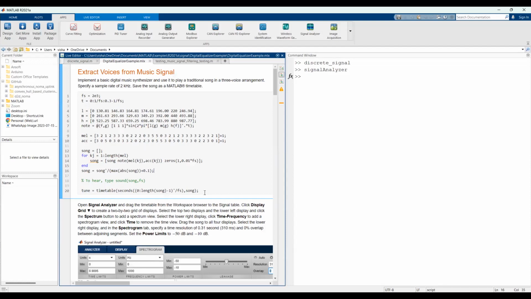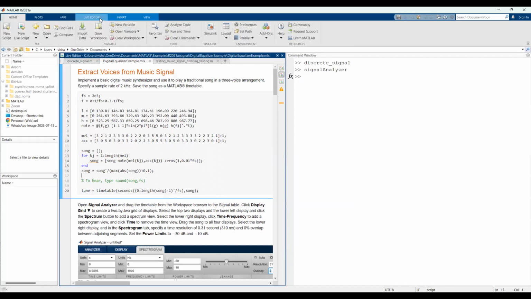Once I run this code, I can save the information of that certain song. The song is recorded by its amplitude, right? Like an audio signal, it has a certain amplitude at each time instance. That amplitude value will be saved into this tune parameter, and I will have it saved in the workspace.